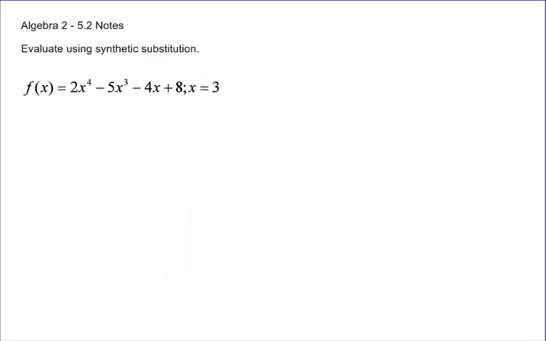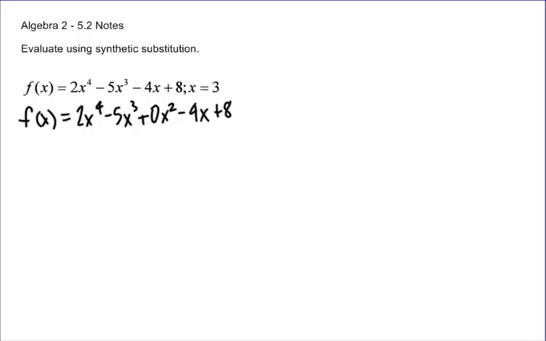Another way that you can solve that same exact problem is using what's called synthetic substitution, which is very similar to synthetic division. These are very handy things to have. What we want to do is list off all of the coefficients for our problem. The thing we have to pay attention to, which could trip you up, is that we need to list every single power of x. So I've got 2x to the fourth minus 5x cubed plus 0x squared minus 4x plus 8.